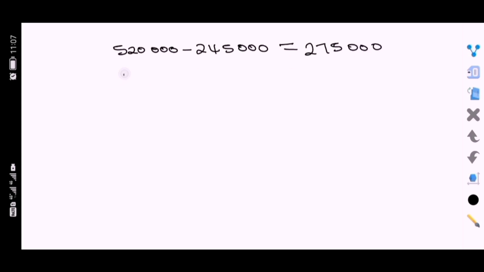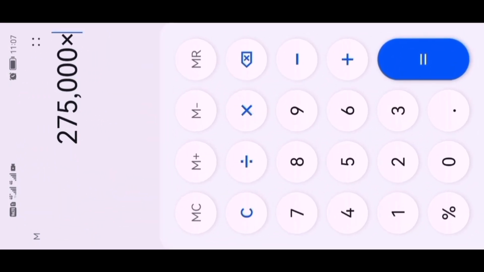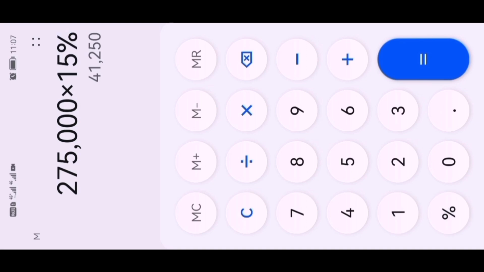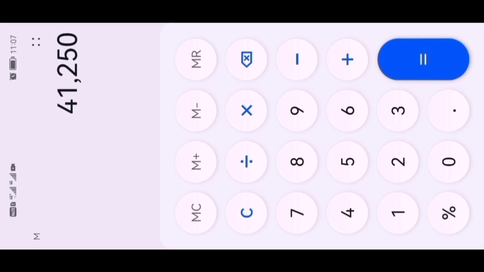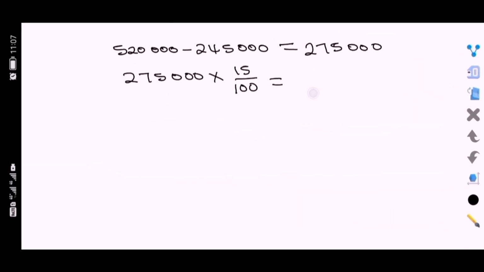And now we can calculate the depreciation. 275,000 multiplied by the 15% we were given is equal to 41,250.